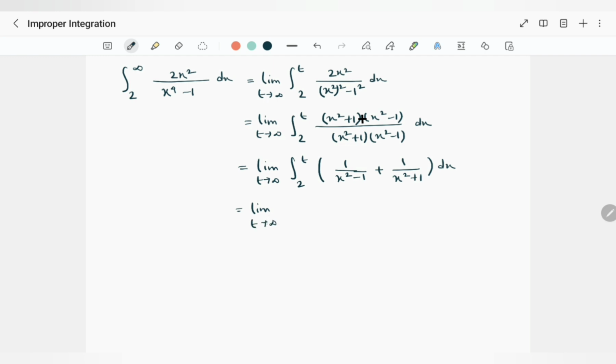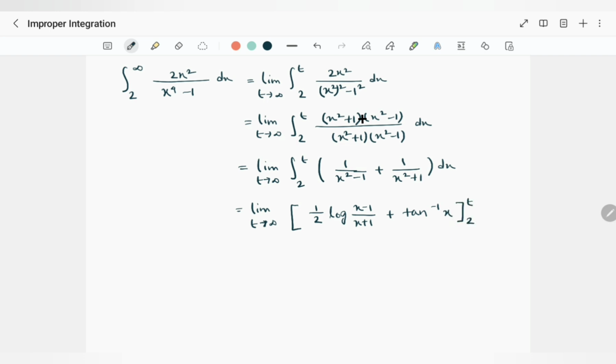So this is t tends to infinity, and the integral value of 1 by x square minus a square, the formula, is half of log (x minus 1)/(x plus 1) plus, for x square plus 1, tan inverse x by a, where a is 1, so this is just tan inverse x.